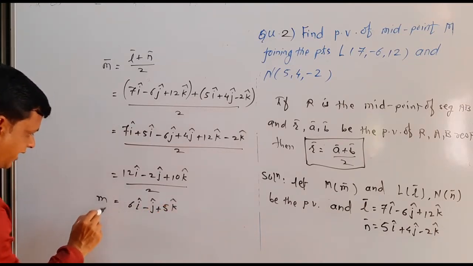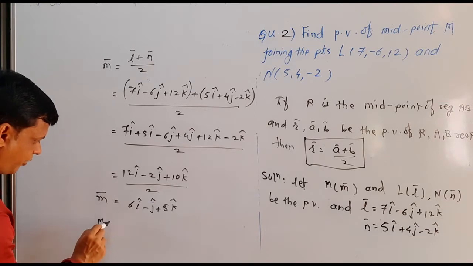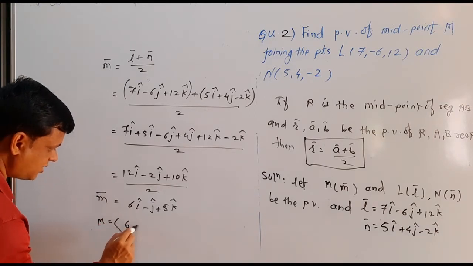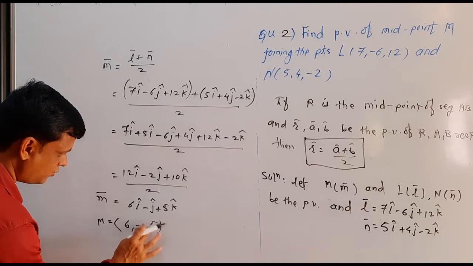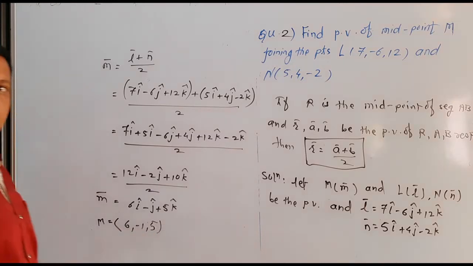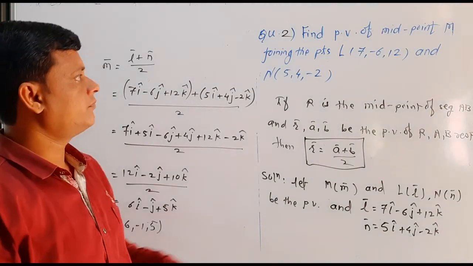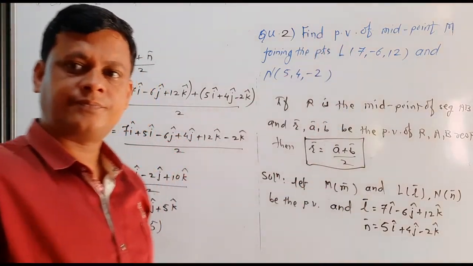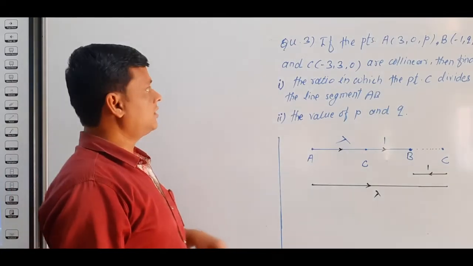So from this we can write the coordinate of midpoint M as 6, minus 1, 5. So by using the midpoint formula, we can find the coordinate of that midpoint. Now see the next question.